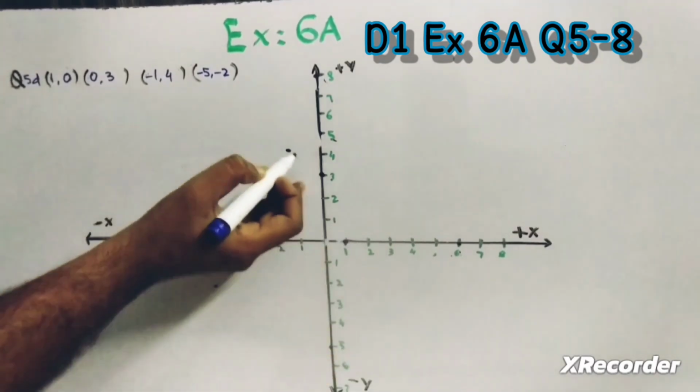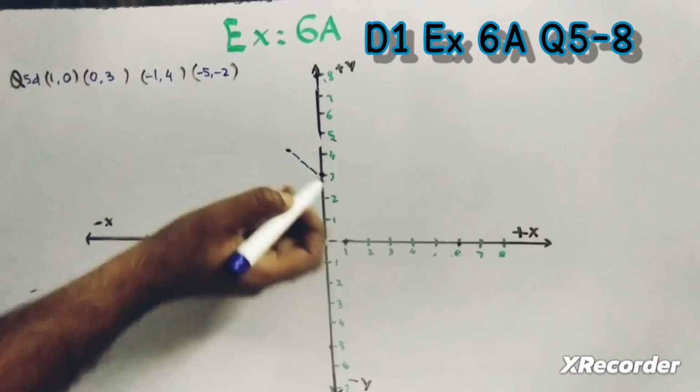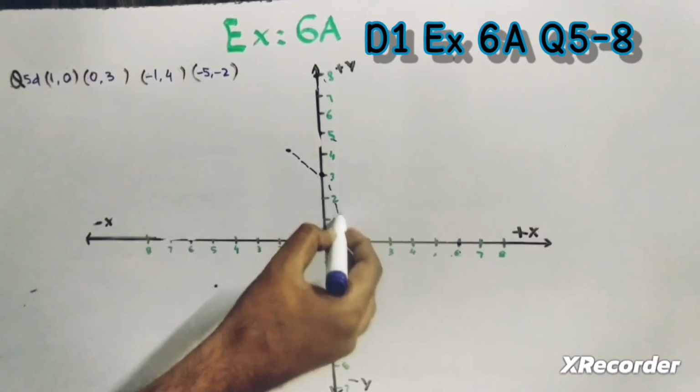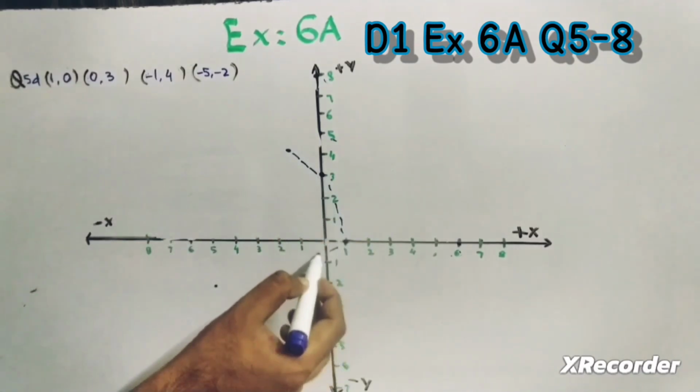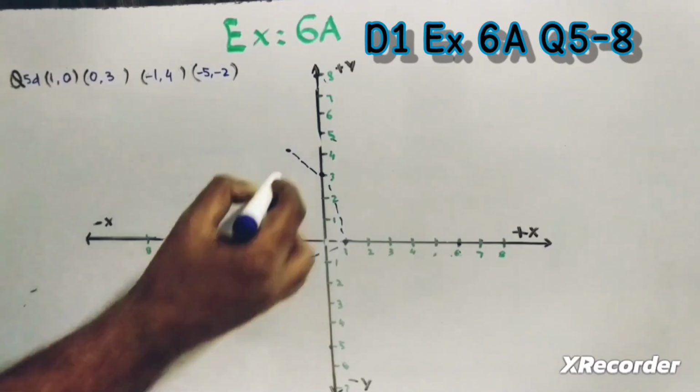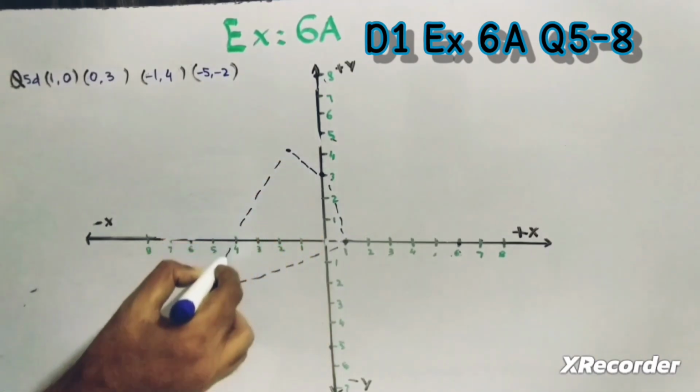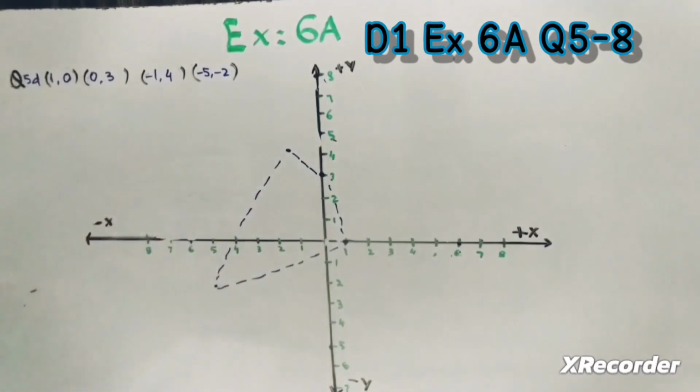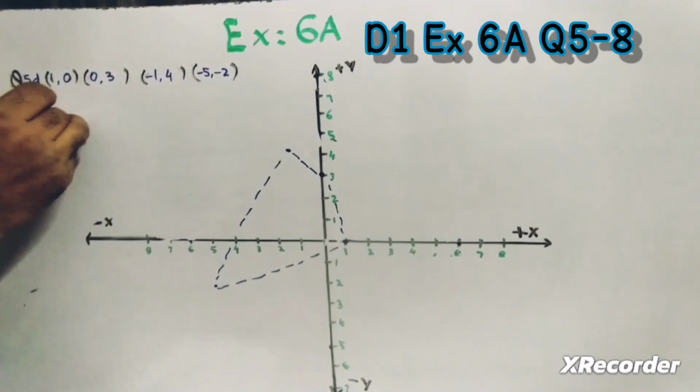Now we join the points. So this is a four-sided shape which is called a quadrilateral.